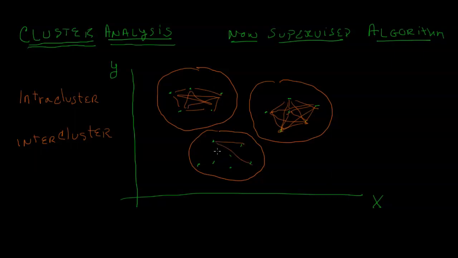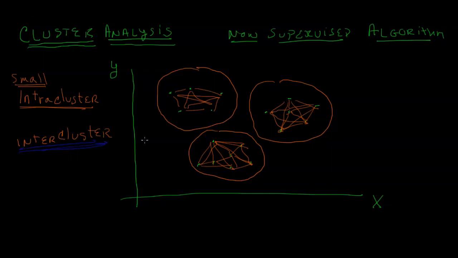All the measurements between the dots in the clusters here. These are what are called intra-cluster measurements, and if we have a good set of clustering, we want these to be small. So we want tight little clusters, right?